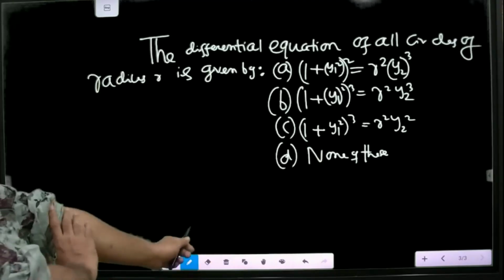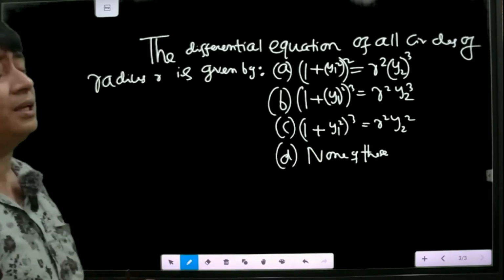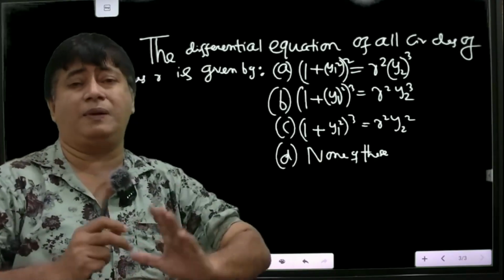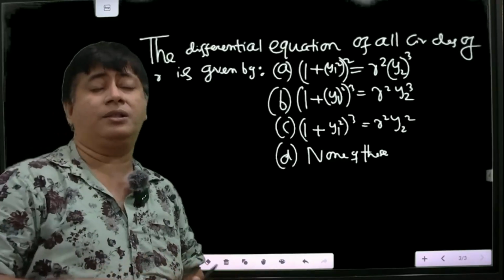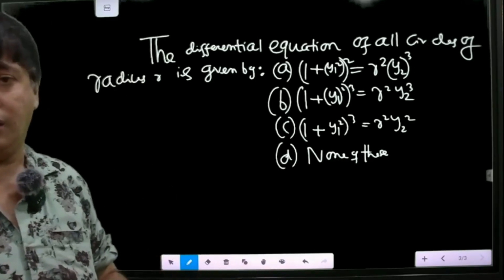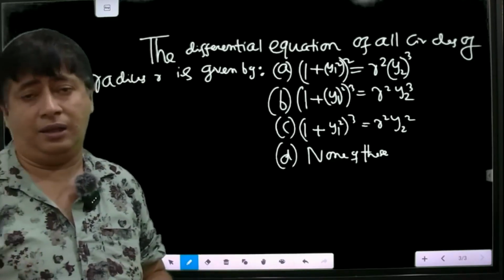Now, differential equation of all circles means it is not specified that the center of the circle lies at the origin. It can lie at any point.